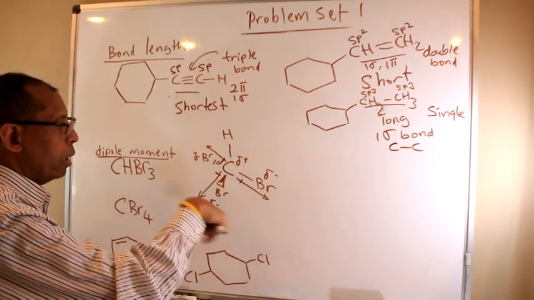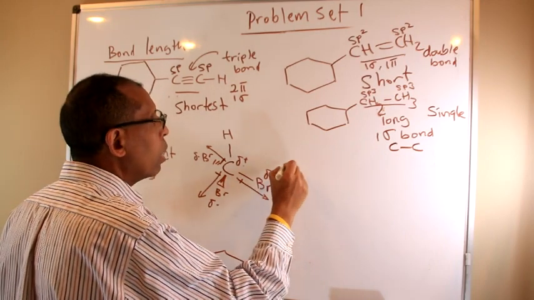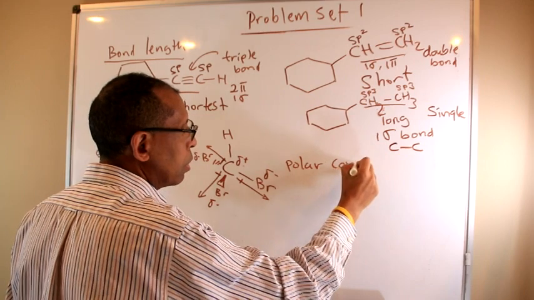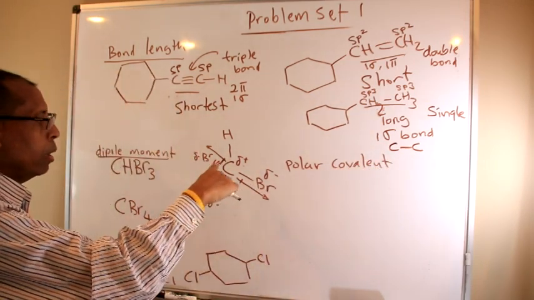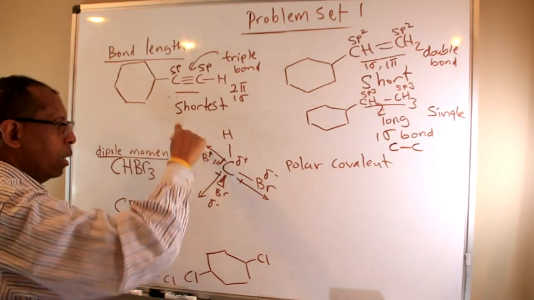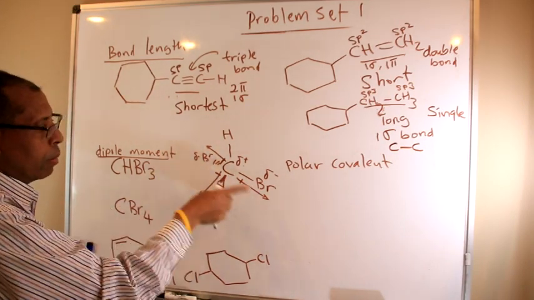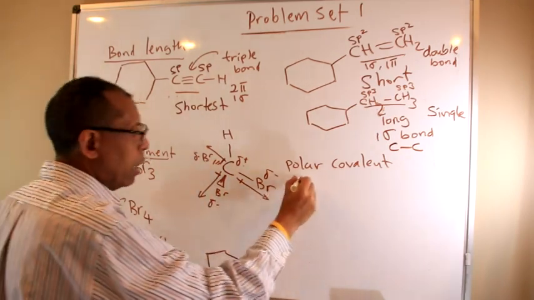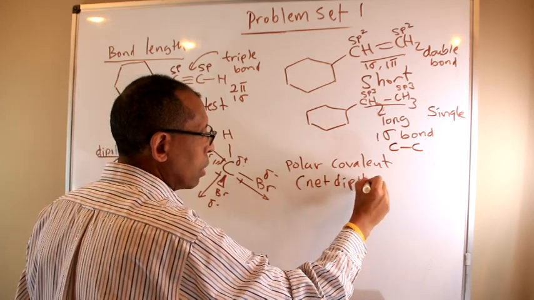This compound is polar covalent, because the dipole moments don't cancel out. The only one is the other side. If this were cancelled, for example, because they are opposing, you would have no net dipole moment, but here a net dipole moment is present.